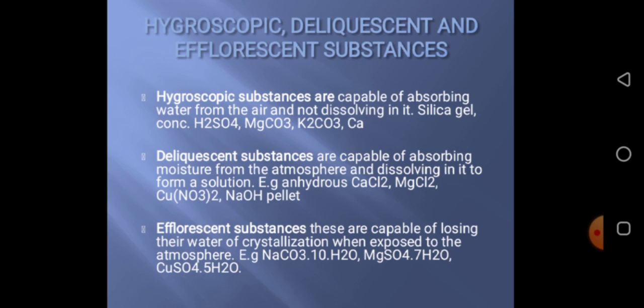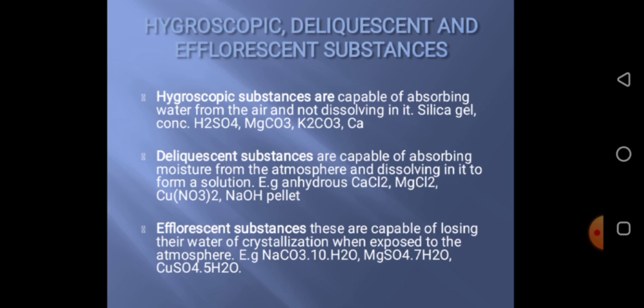The difference between the hygroscopic and the deliquescent is that both absorb water from the atmosphere, but hygroscopic substances absorb water and do not dissolve in it. The water it absorbs will not make the substance dissolve. But the deliquescent substance, when it absorbs water, forms a solution.